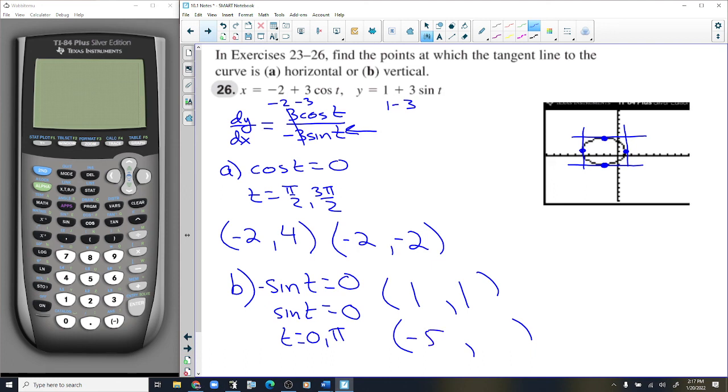Plug pi in over here. Sine of pi is 0, so there's your -5, 1 right there. There's where the tangent line is vertical. Takes a little while to explain, but it's really not that tough. Just top and bottom, make top and bottom zeros. You got it.